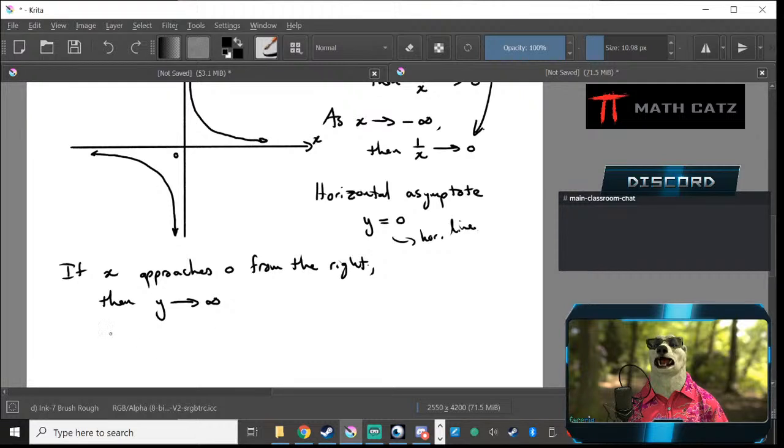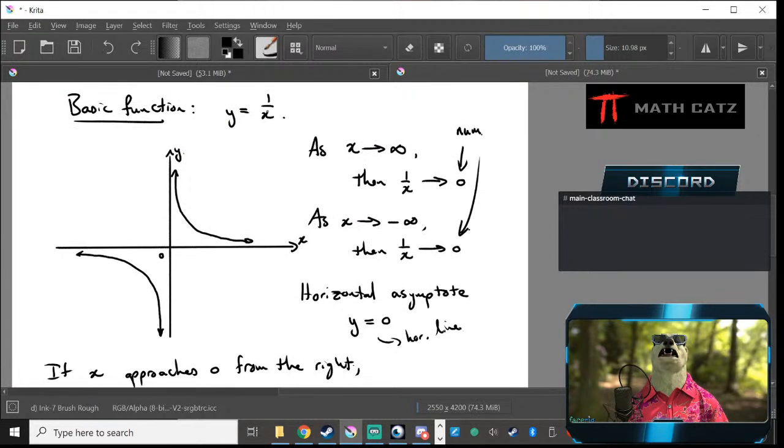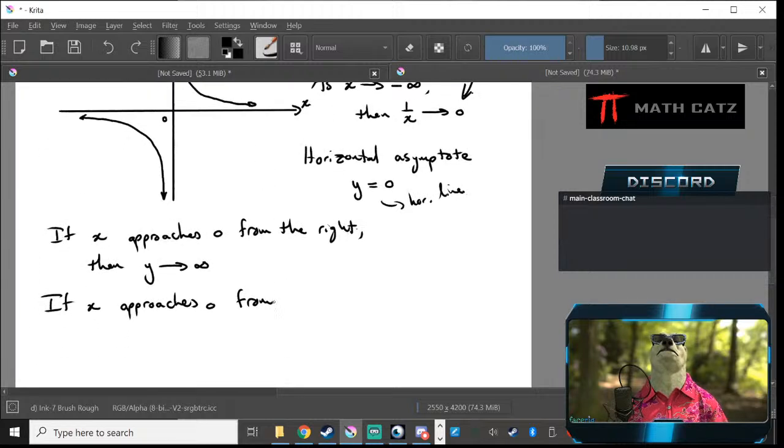And I'll squeeze it in here because something different happens as x approaches 0 again, the x value where the function is undefined, but from the left. So I kind of have to write a sentence to just distinguish between these two, right? The behavior of y is different.